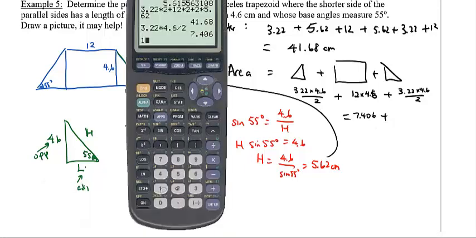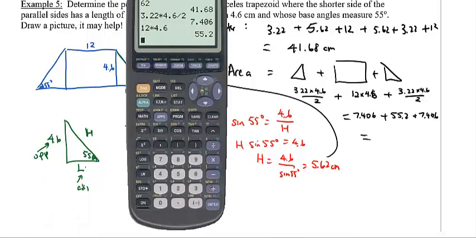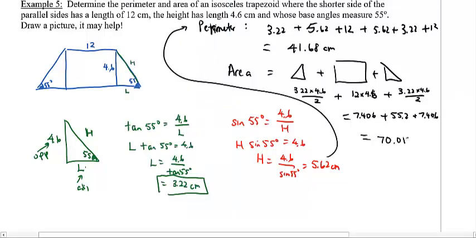Plus 12 times 4.6, 55.2. And another 7.406. We'll add that all up. 7.406 plus 7.406. Wow, 70.012. And don't forget centimeters squared.